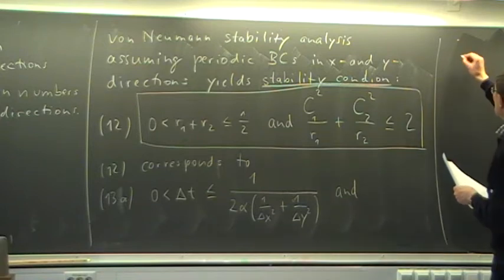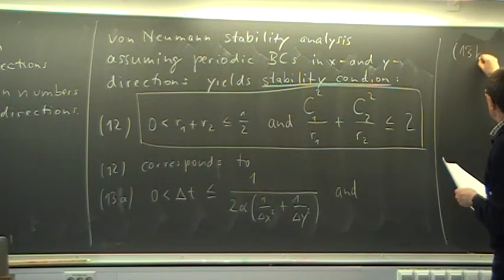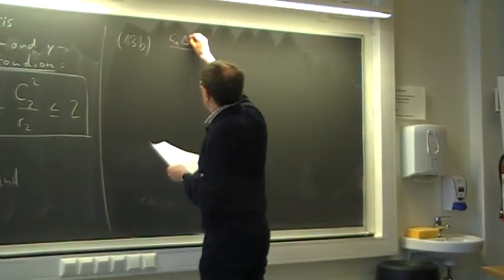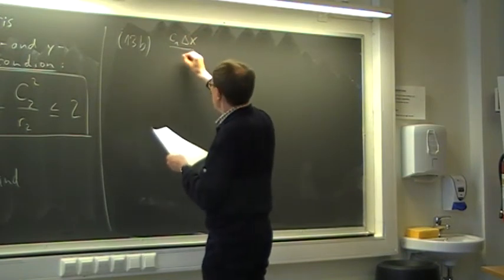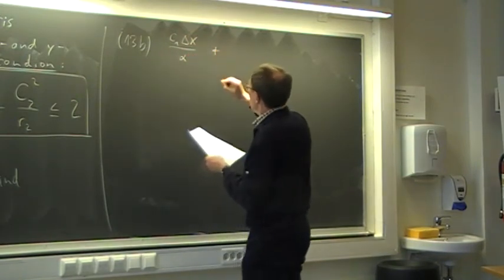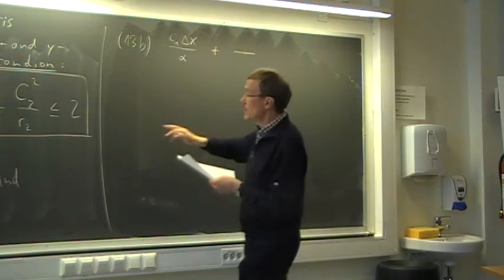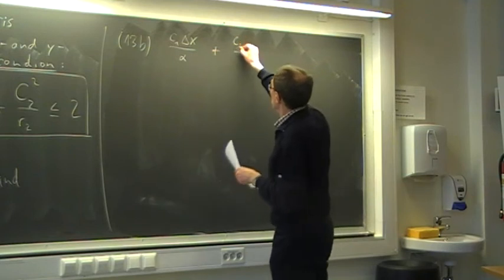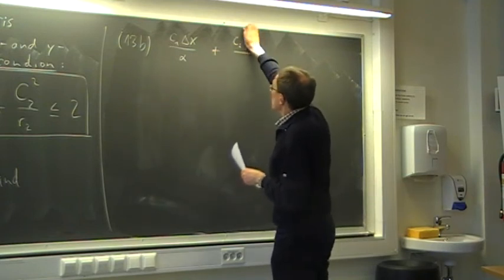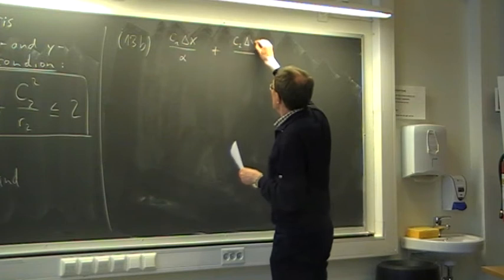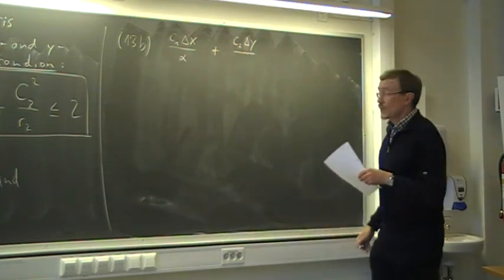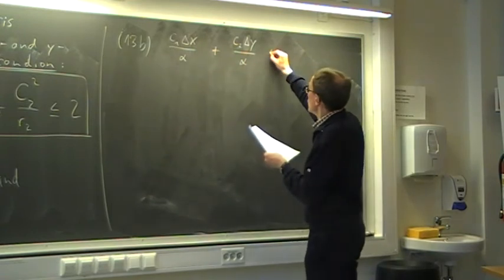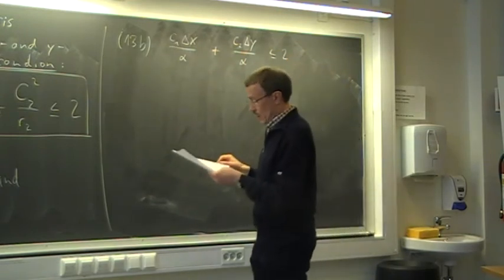So we know that as 13b, and that means that the ratio C1 over delta x divided by alpha, and so that is this term here. The corresponding one in the y direction is the C2, that is the advection velocity in the y direction, but this sum has to be smaller or equal than 2.